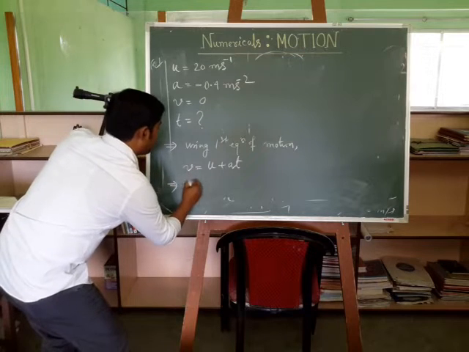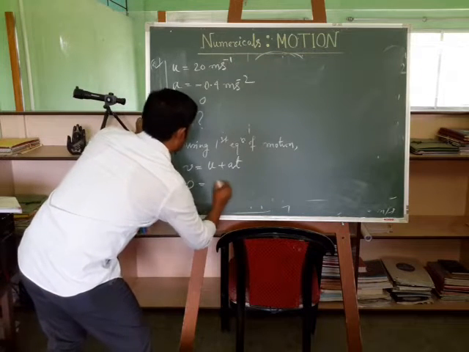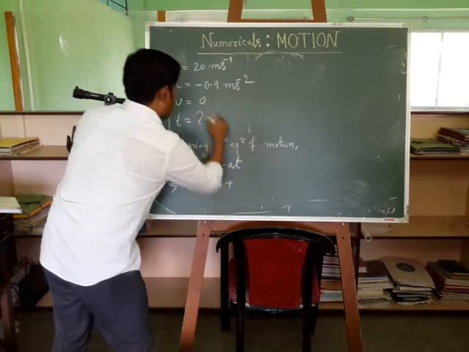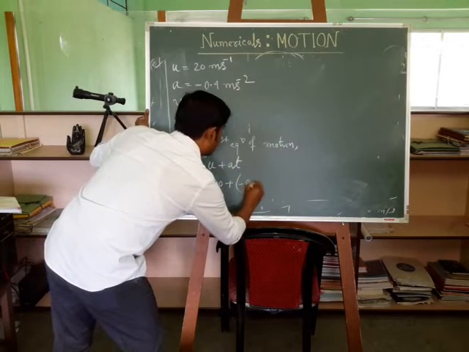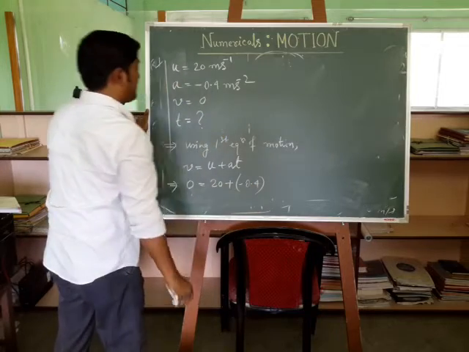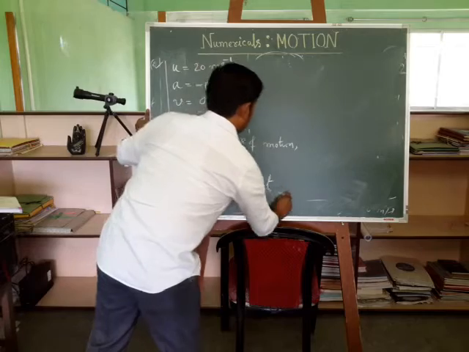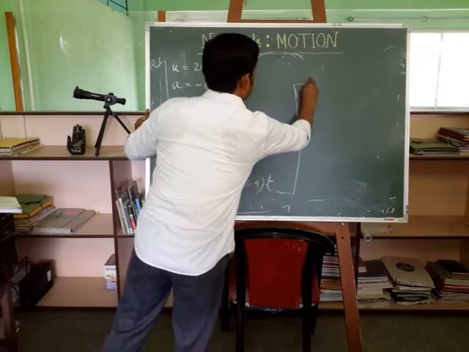What is v? That is 0. What is u? That is 20 meter per second, SI unit. Plus what is a? A is minus 0.4 meter per second square. What is t? Alright, that is the question.